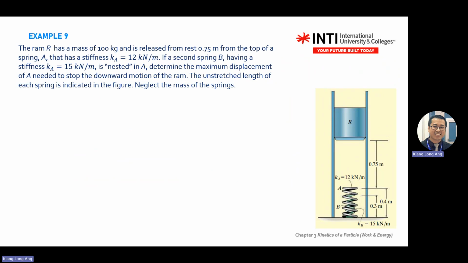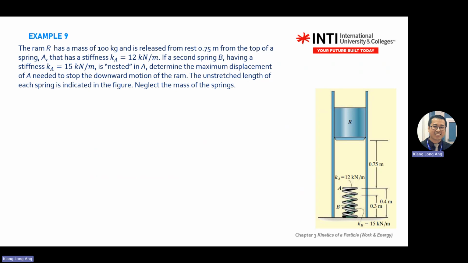is a killer question. It usually comes out in the final exam. So this is a spring and mass. Every time you see a spring, it will link with energy and work. Work and energy.